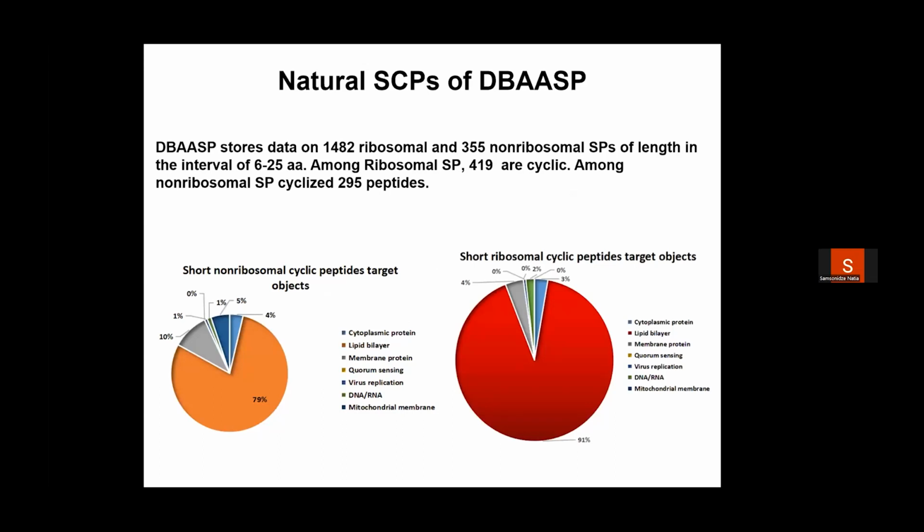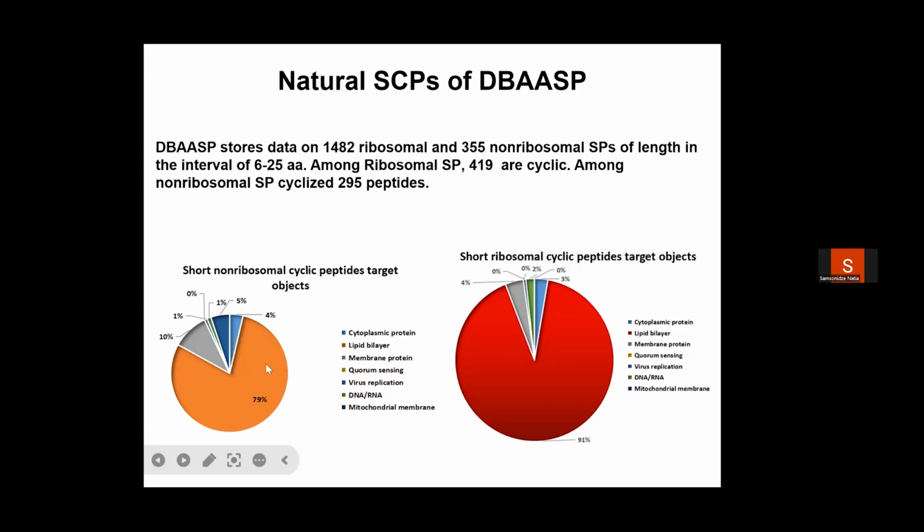Now it's a slide about short cyclic peptides, whose length is from 6 to 25 amino acids. The total number is 714, and from this total number, only 285 are non-ribosomal cyclic peptides, and 419 are ribosomal cyclic peptides.